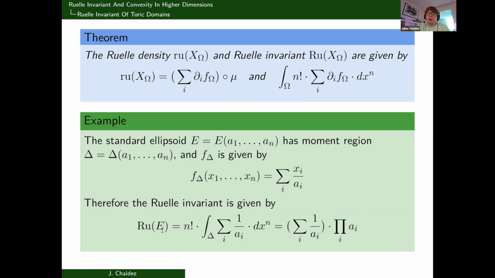So the Ruelle invariant of an ellipsoid with symplectic widths a_1 through a_n is just the product of all these widths multiplied by the sum of their reciprocals.